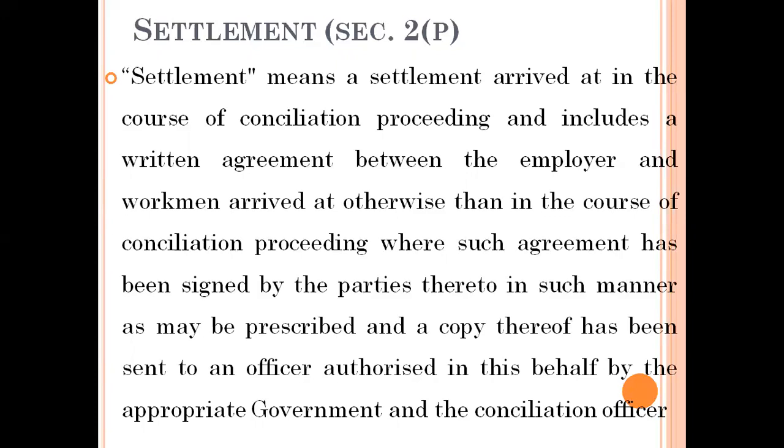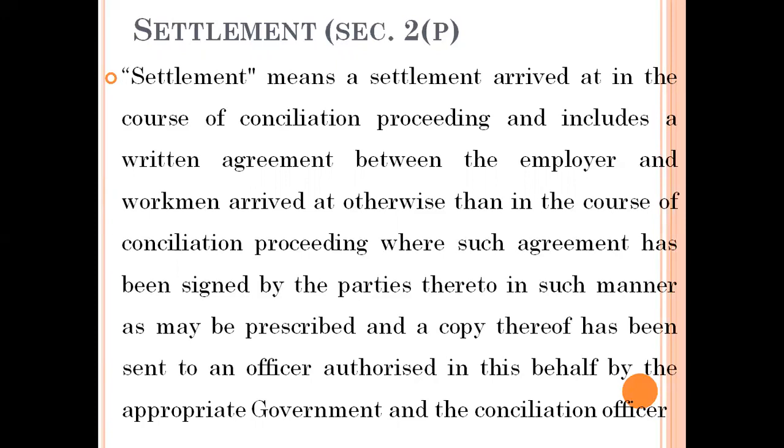According to section 2, subsection P, settlement means a settlement arrived at in the course of conciliation proceeding and includes a written agreement between the employer and workmen arrived at otherwise than in the course of conciliation proceeding, where such agreement has been signed by the parties thereto in such a manner as may be prescribed, and a copy thereof has been sent to an officer authorized in this behalf by the appropriate government and the conciliation officer.